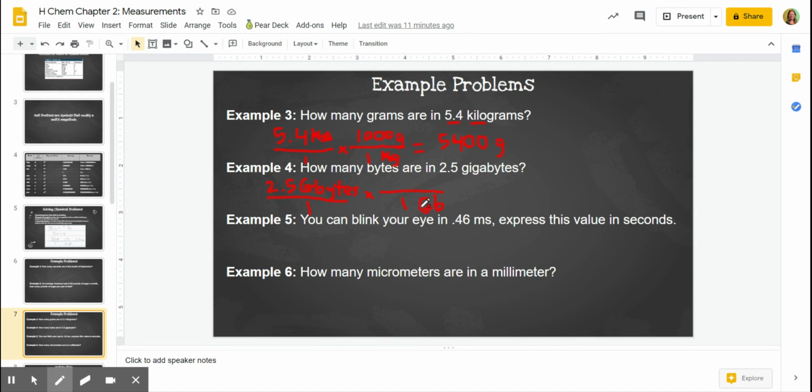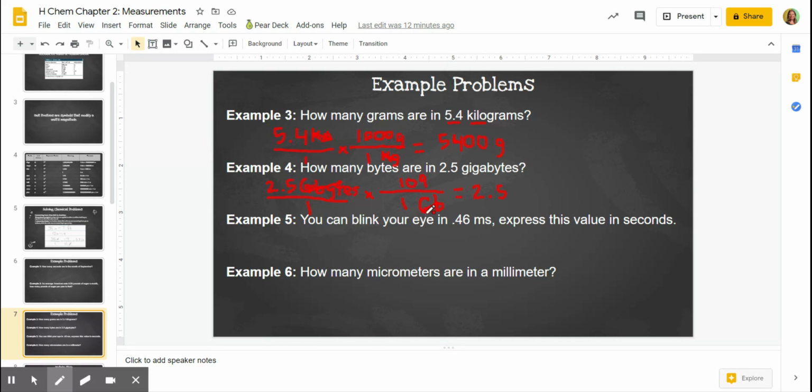Remember the prefix giga meant a billion. And I'm actually going to leave it in scientific notation. This is kind of tricky also, and we're going to go over scientific notation specifically, but it is 10 to the 9th power. That means 1 with 9 zeros. And if I do that, I can do something sneaky over here. I can put 2.5 as my answer. 2.5 gigabytes cancel on top and on bottom.